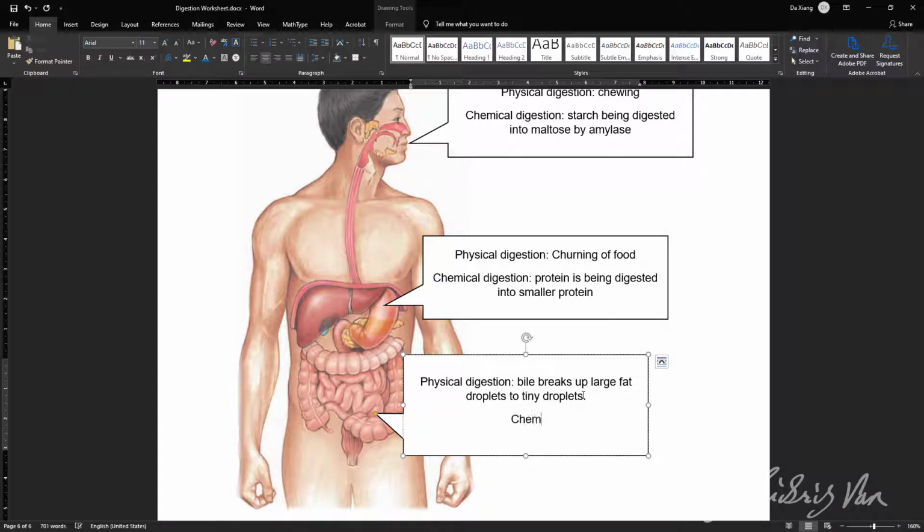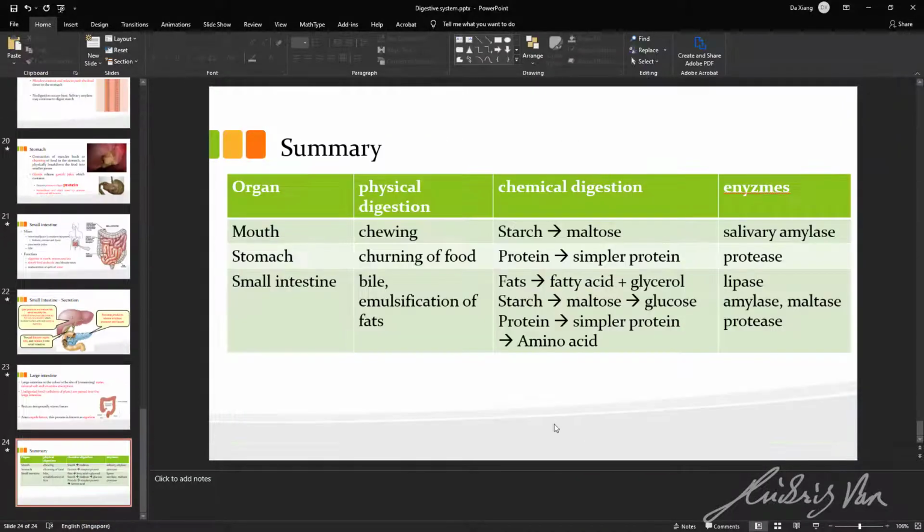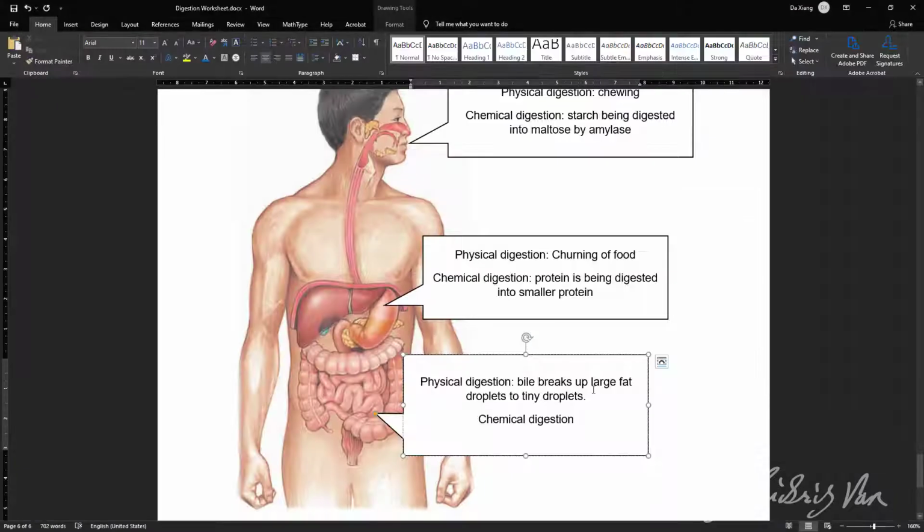Chemical digestion is everything. You can see from the summary table that is right at the end here. Oh yeah, emulsification. You can use the word emulsification. Okay, so emulsification of large fat droplets into tiny droplets.